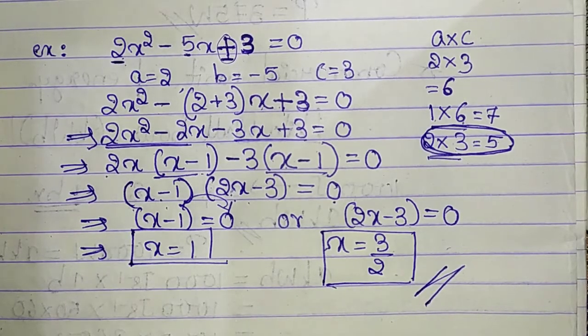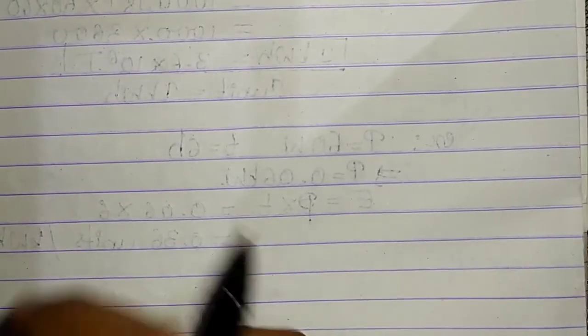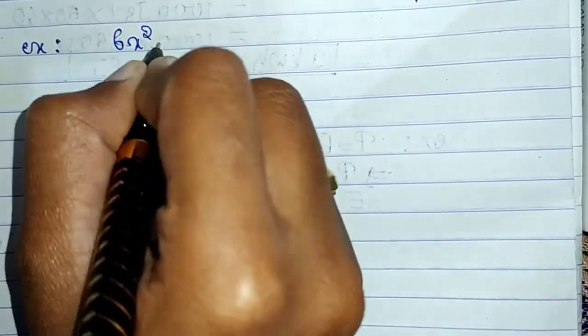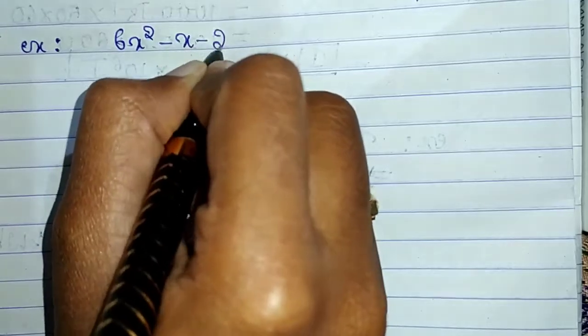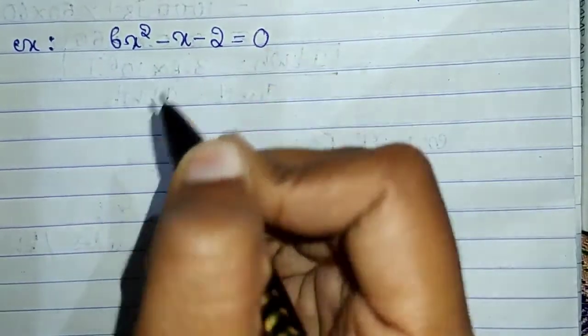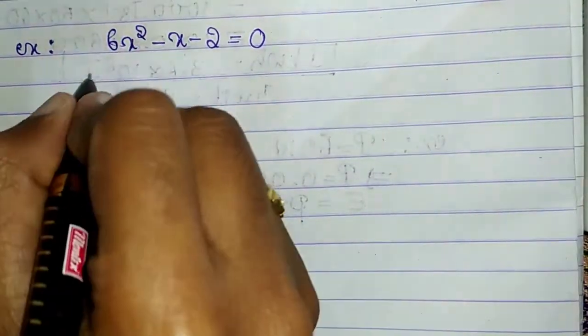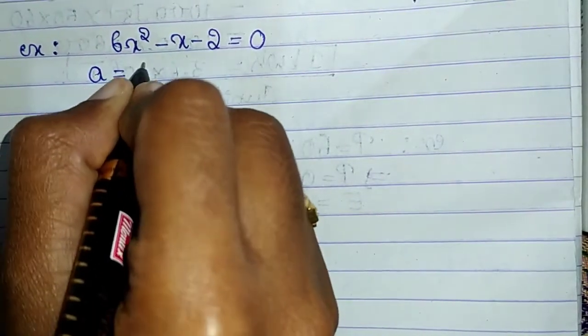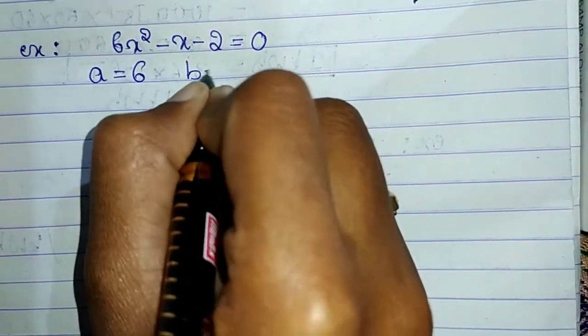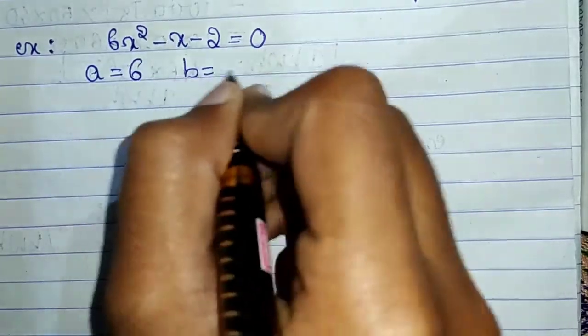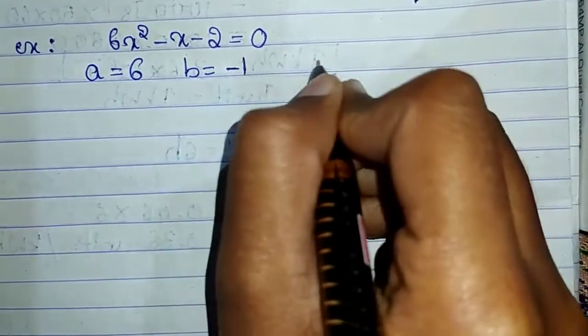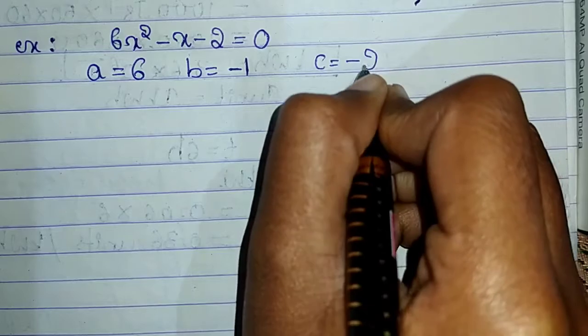Now consider example 4 from your textbook, which is the equation 6x square minus x minus 2 is equal to 0. Just like before, first let us write down what are a, b and c. A is equal to 6, b is equal to minus 1, and c is equal to minus 2.